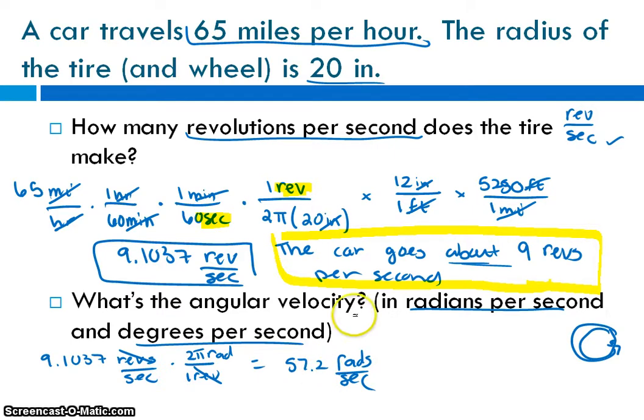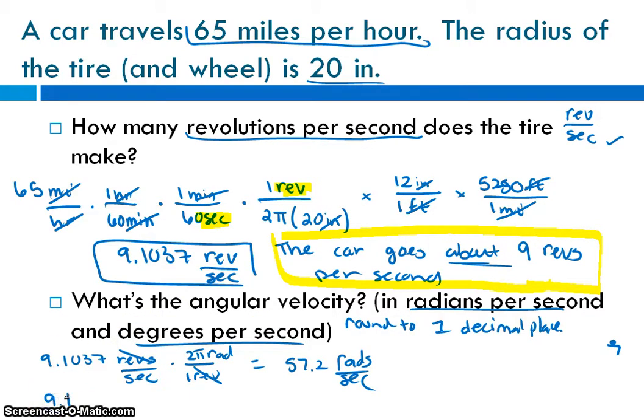I'm just running out of space here. So I'm going to go ahead and round to 1 decimal place. Since I said the standard will be 4 decimal places unless stated otherwise, for that one I'm just going to round to 1 decimal place. And then the other part, I need to do it in degrees per second.